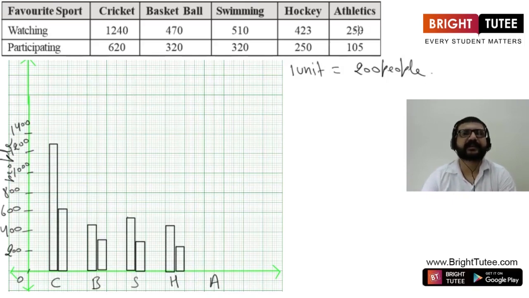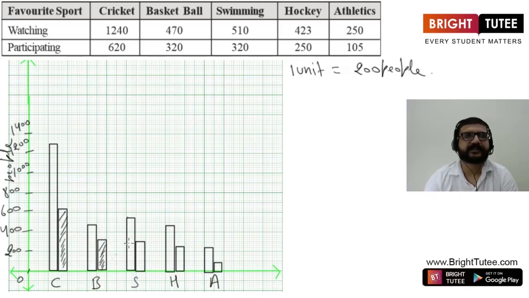And for athletics, the number of people watching is 250. So we can draw one bar like this. And the number of people participating is 105. So it will be approximately like this. Now for the participating bars, or the second bar, we can shade it just to differentiate between both the bars.